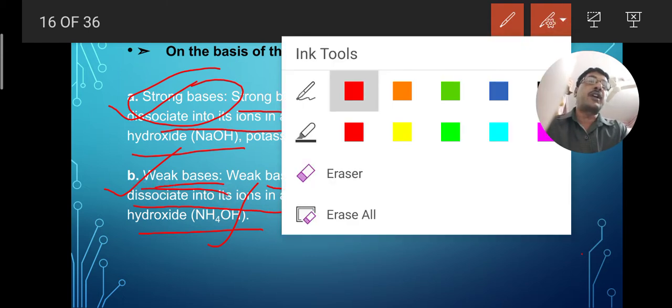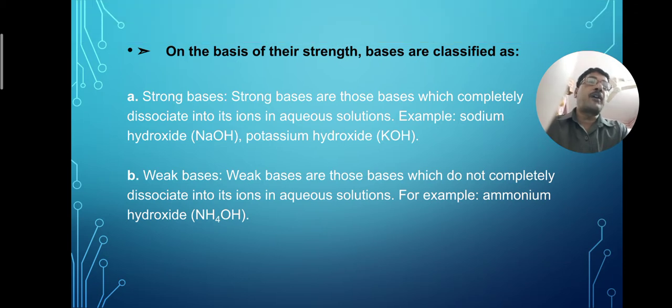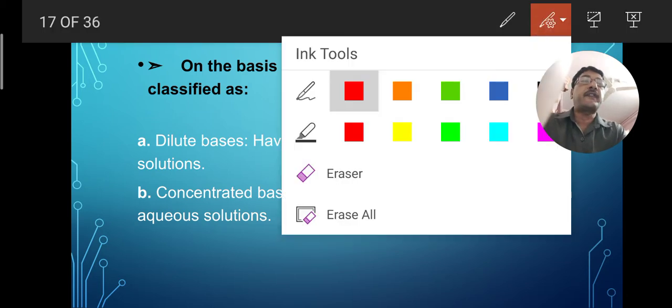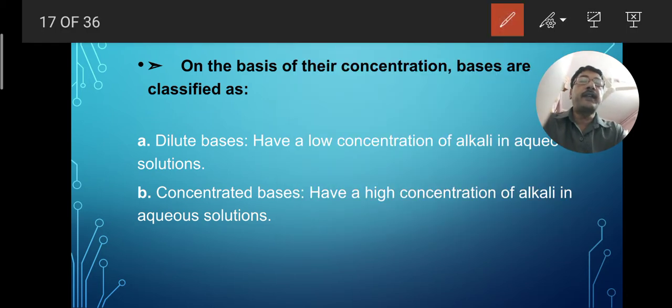Now come to another point of this topic, that is, on the basis of their concentration, bases can be classified into how many categories? Here it is mentioned. Number one is dilute base, and second is concentrated base. What is the dilute base?